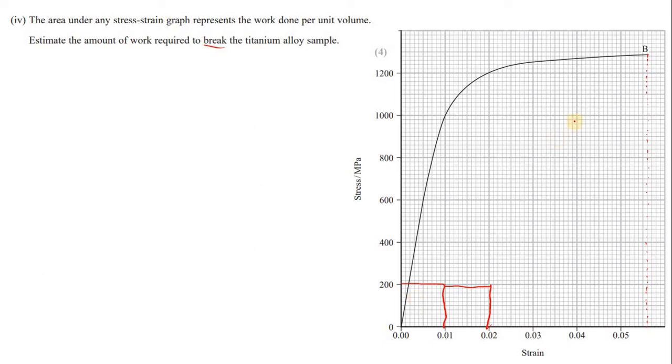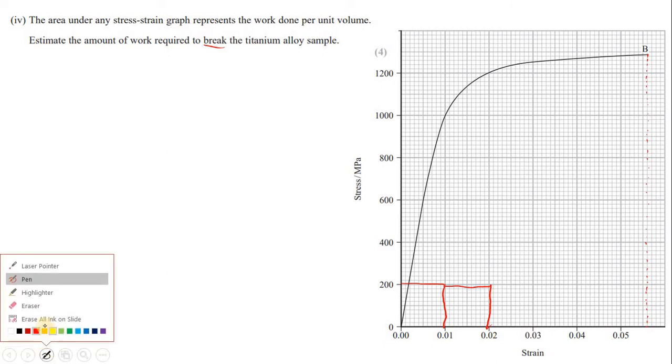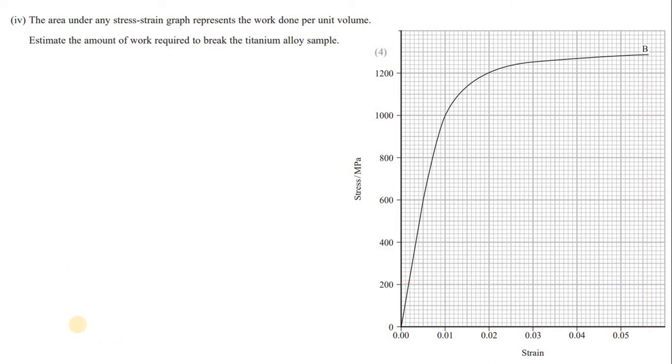But because this is a special type of curve, I'm giving you one more technique, which is also valid. I would recommend you must try the counting squares method and estimate the area. But I'm giving you another technique, which is finding the area of a rectangle after drawing a suitable horizontal line, with the help of a ruler.